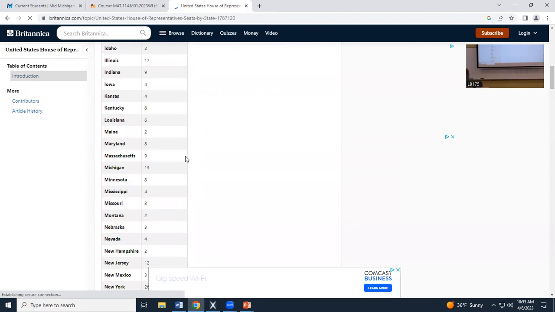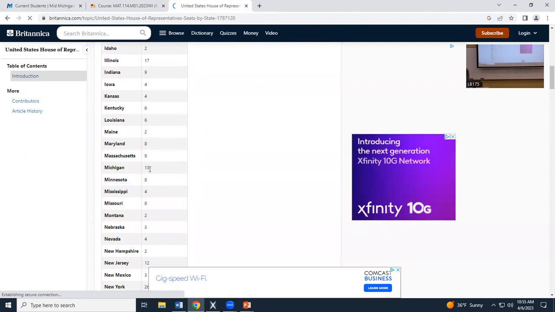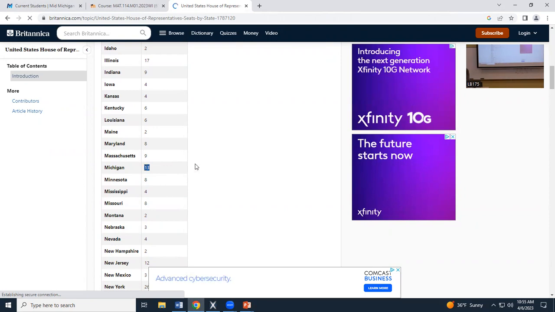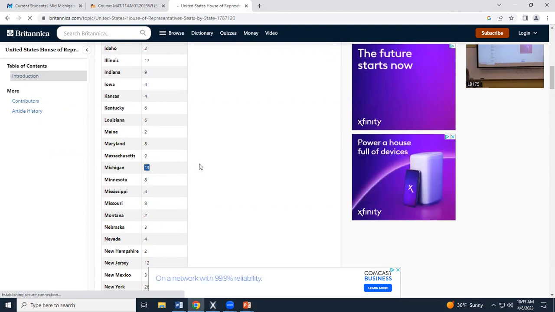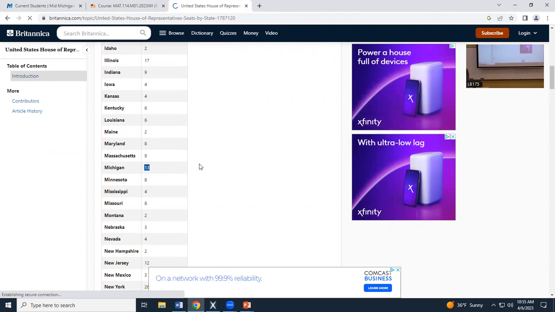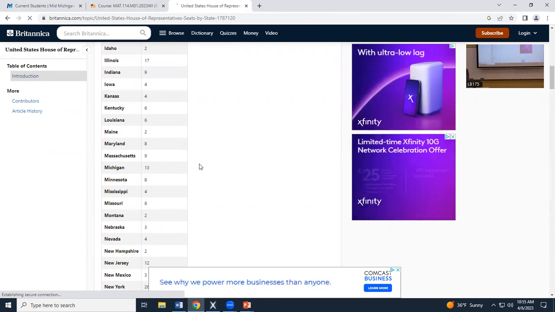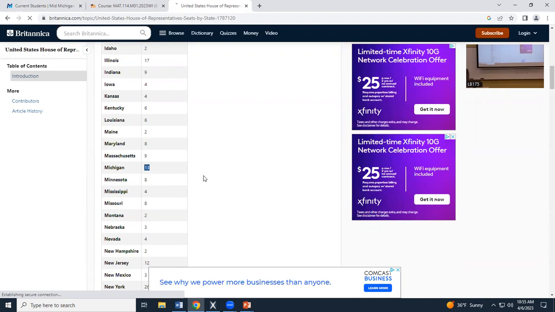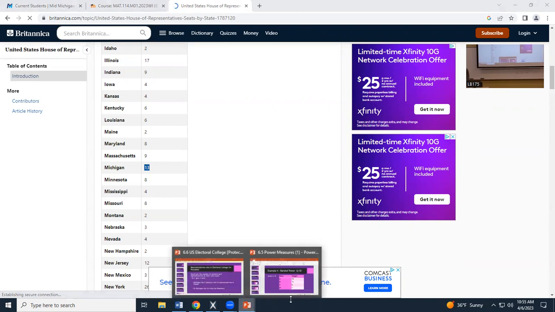There you go. How many does Michigan have? Michigan actually lost 1 in the last redoing of the apportionment. So we used to have 14, now we only have 13 because our population is not growing as fast as other places.